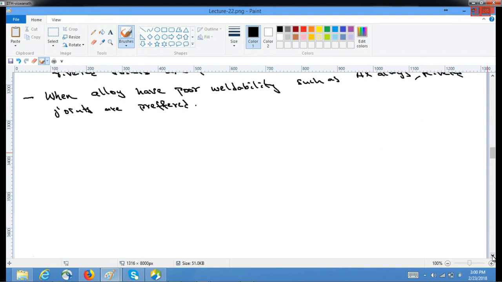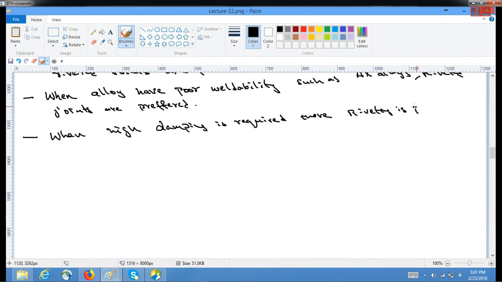Similarly, when high damping is required, riveting is preferred as compared to the welding process.